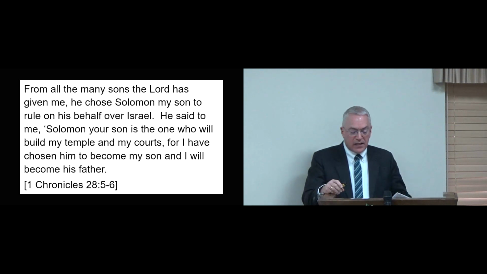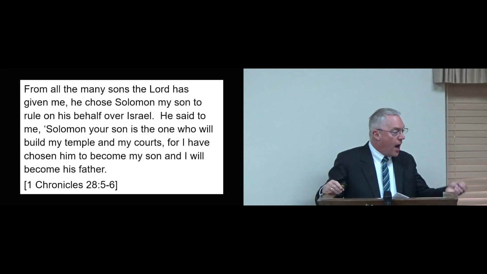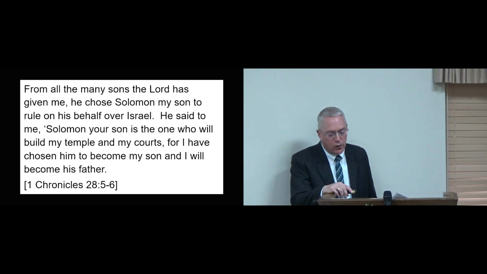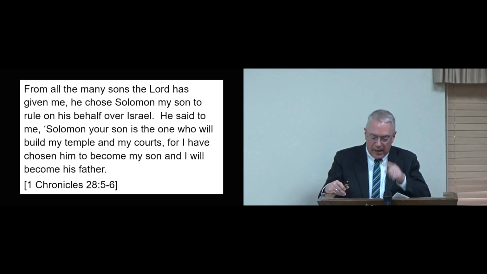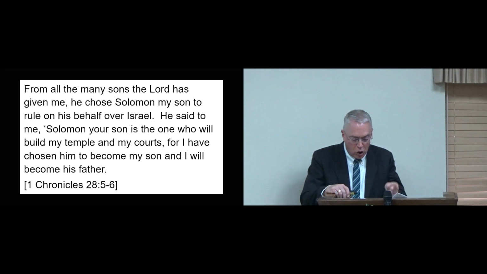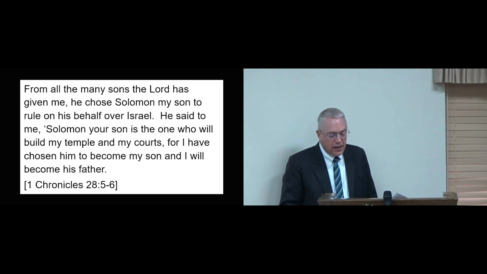From all the many sons the Lord has given me, he chose Solomon. God chose Solomon, my son, to rule on behalf over Israel. He said to me, 'Solomon, your son, is the one who will build my temple and my courts, for I have chosen him to become my son, and I will become his father.'"